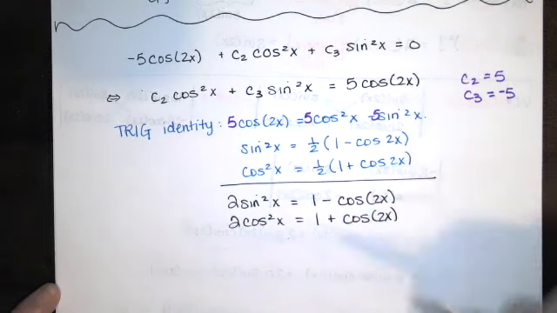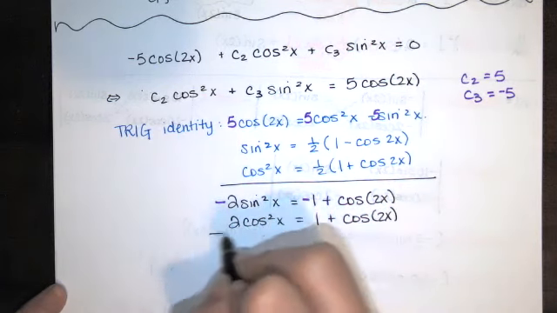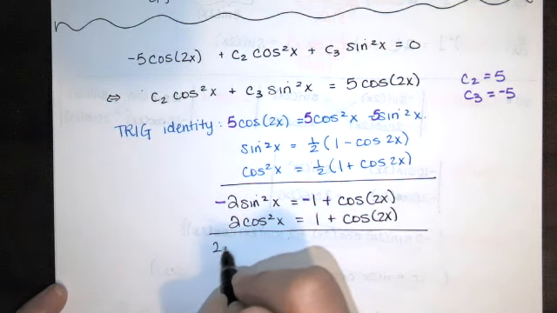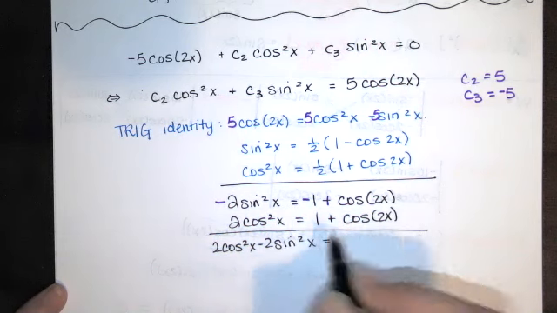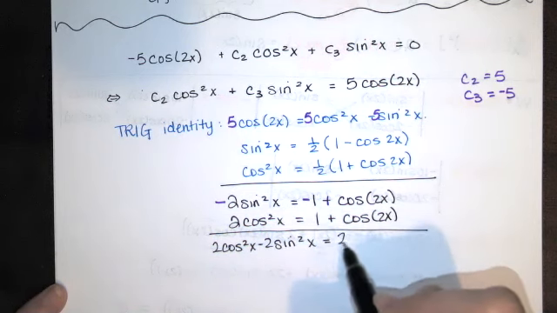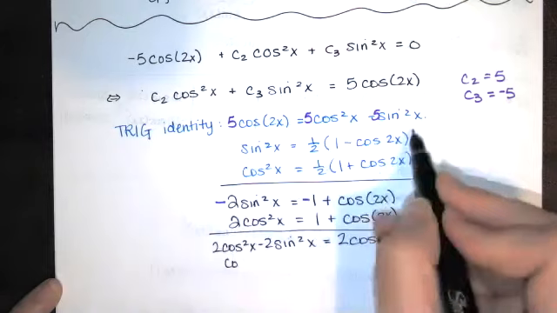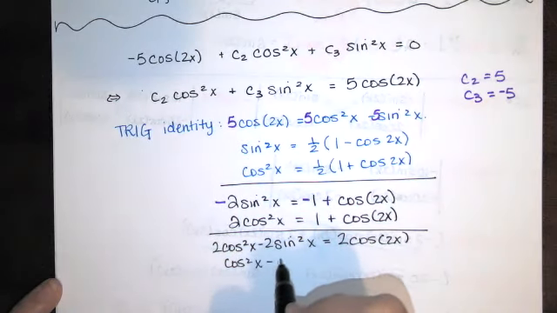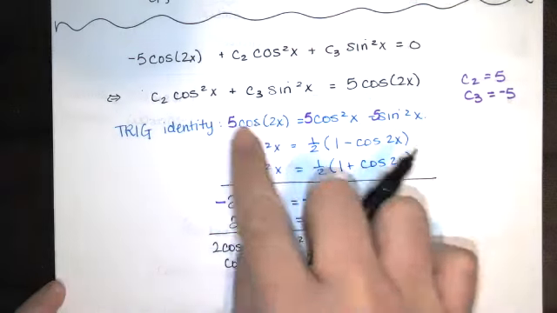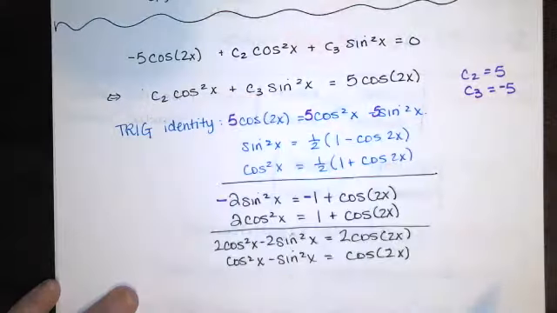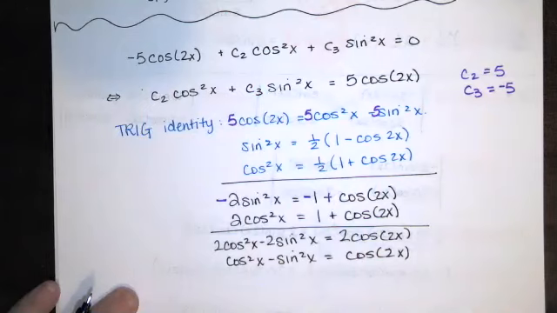I want a cosine of 2x in my new equation. So I'll multiply this first equation by -1, and then we'll have 2 times cosine squared x minus 2 times sine squared x equals, these cancel, 2 times cosine of 2x. Then if you divide everything by 2, you get that trig identity I mentioned up here. And if you multiply this equation by 5, you get the equation that we need to identify the C2 and C3 given the C1 of -1 that they gave us.